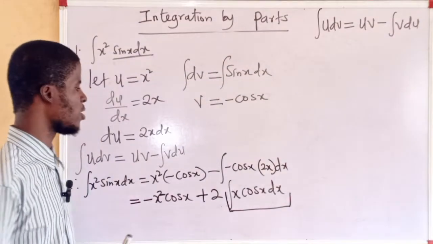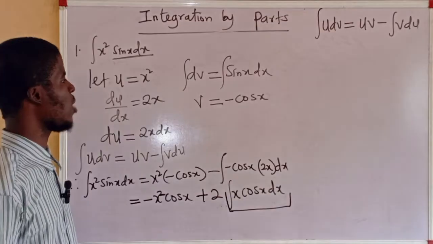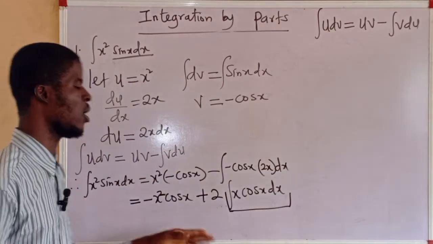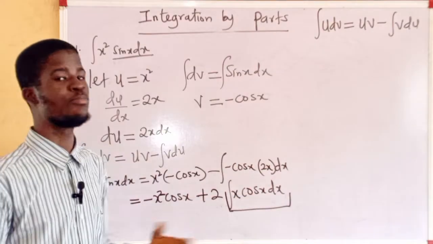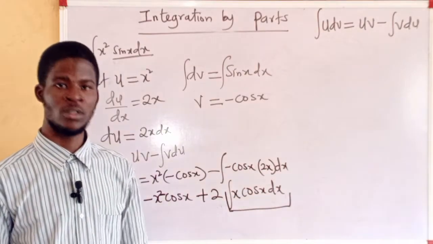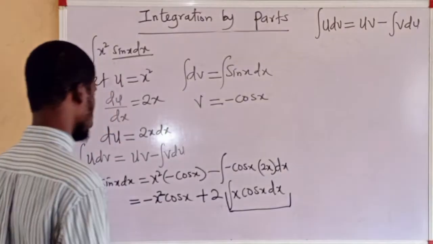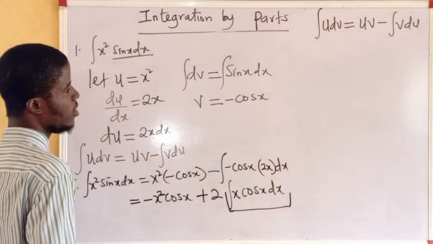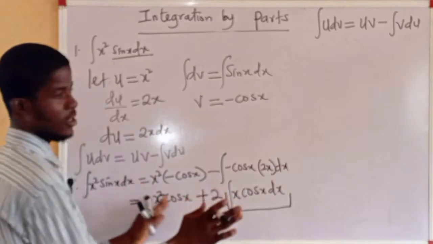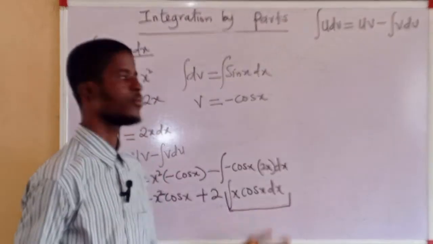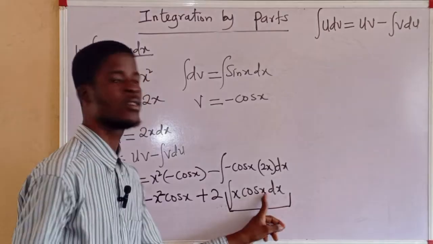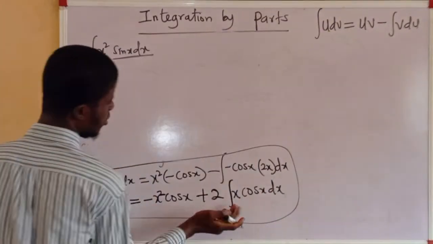So what you should know now is that there are times where we have to apply the integration by parts formula more than once, more than twice, more than 3 times. It depends on the way the function is. So we are going to apply the process again for integration by parts on this integral, the integral of x cos x dx. Let me integrate this one now.